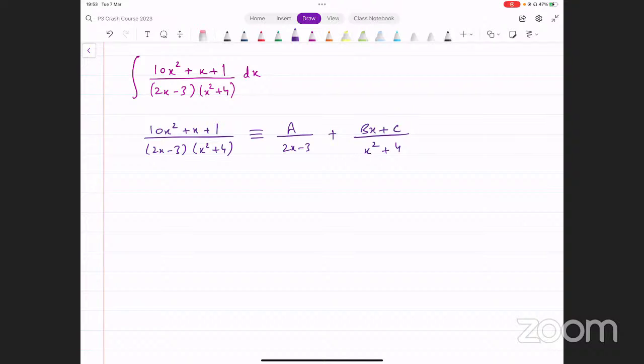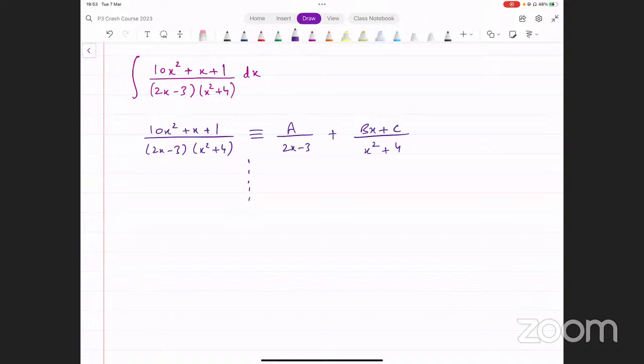Now you convert it to this. So you basically find partial fractions for this, and find the values of A, B, and C. In fact, I'll just write down the values of A, B, and C directly here. You apply this whole partial fraction process, which we've done in detail before.